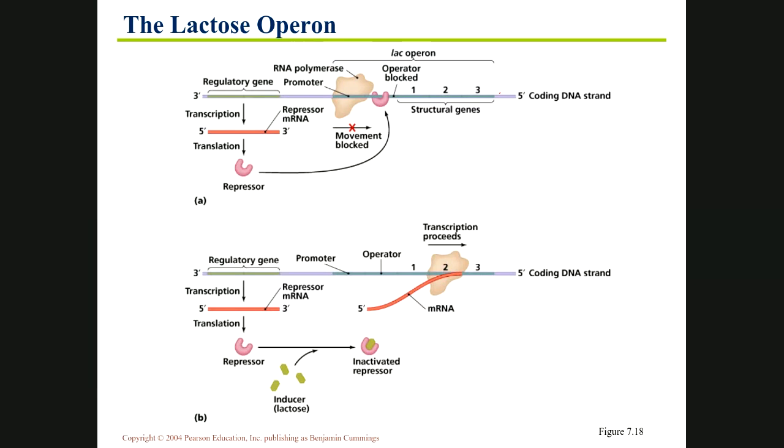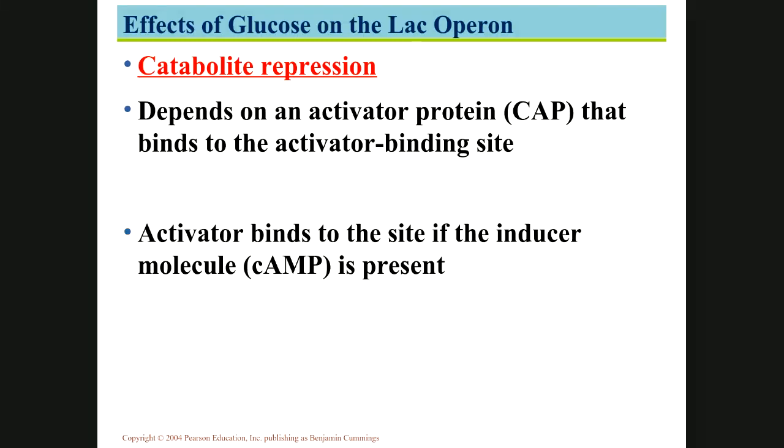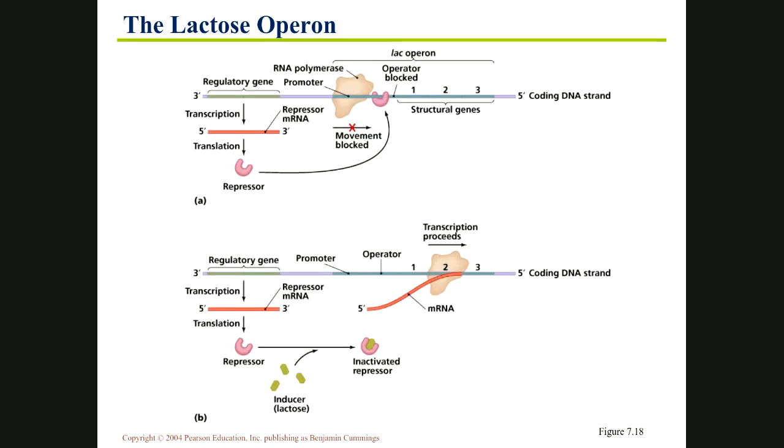If glucose is removed and lactose is given to the cell, that will be the only scenario when the cell is going to turn on the lac operon. Now it has no choice but to process the lactose. So normally, because glucose is available, there is a repressor sitting in the operator region of the lac operon. That's the normal condition.